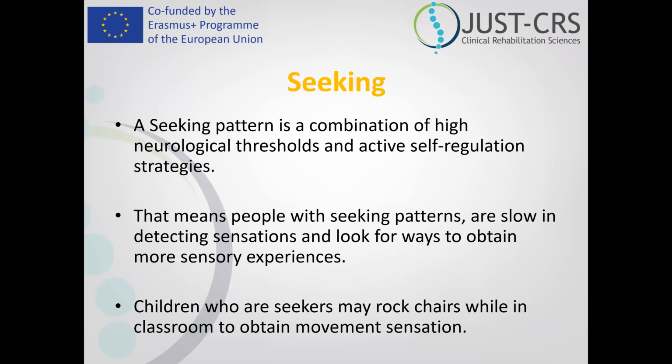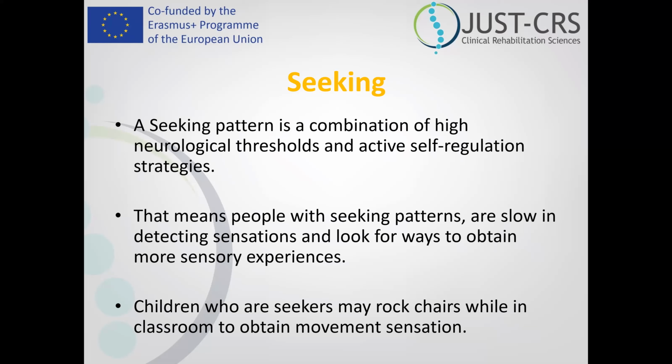The second sensory pattern is sensation seeking. Sensation seeking is a combination of high neurological thresholds and active self-regulation strategies. People who are seekers are slow in detecting sensations, just like the individuals with registration, but they show active regulation strategies.